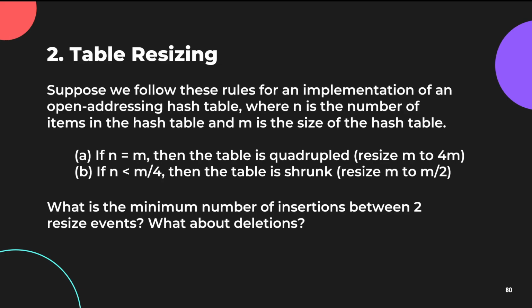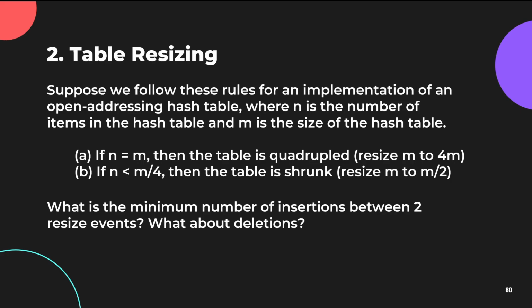Why is it 1? Because after you insert, the table size is 4 times the number of elements. Once you insert, for example, I have an almost filled table, where everything here is filled. Then once I insert this part, this will be quadrupled, correct?